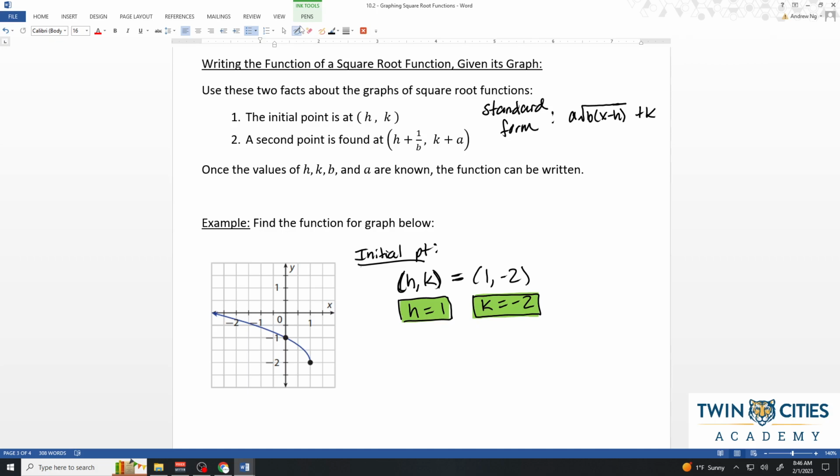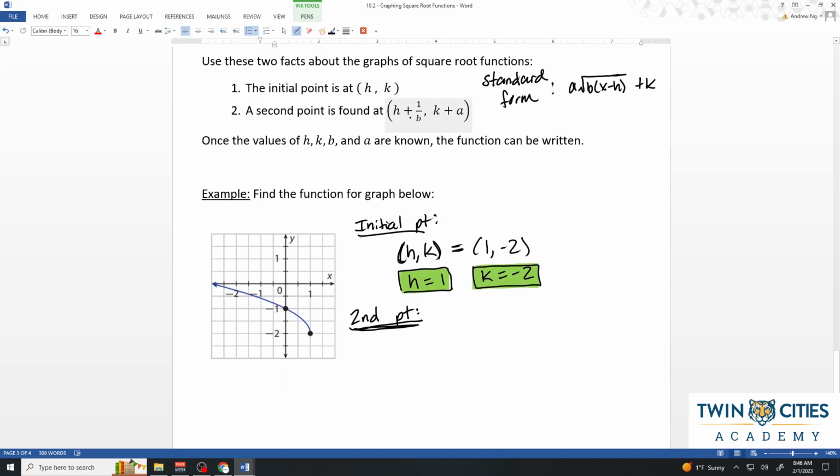All right, now let's talk about the second point. My second point, my formula for it, or my fact about it that I said, is that it's always at (h plus 1 over b, k plus a). Well, what is my actual second point here?